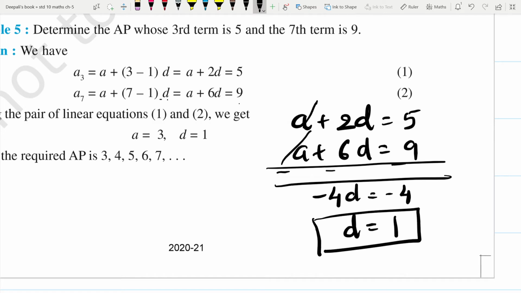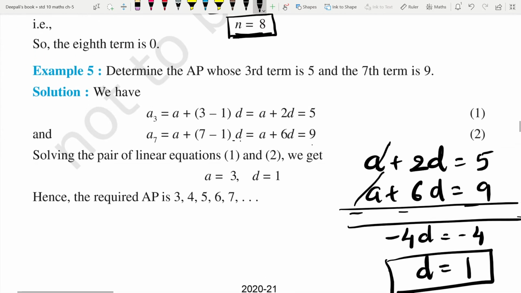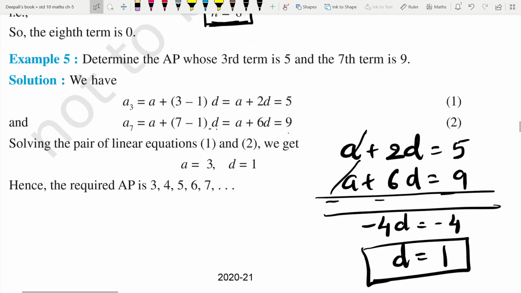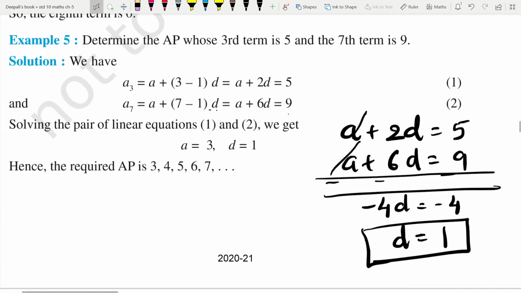So if I have D is equal to 1, will I be able to determine the AP? Yes. Now the third term is 5.